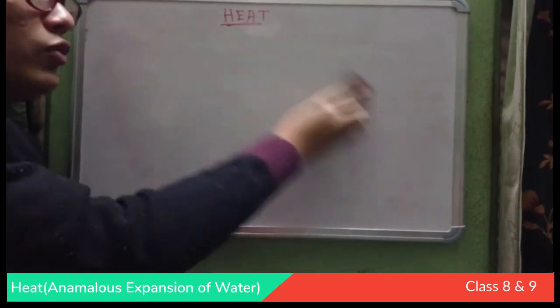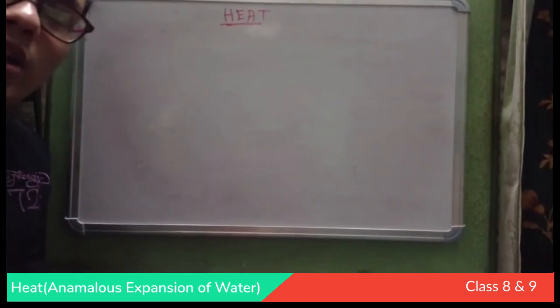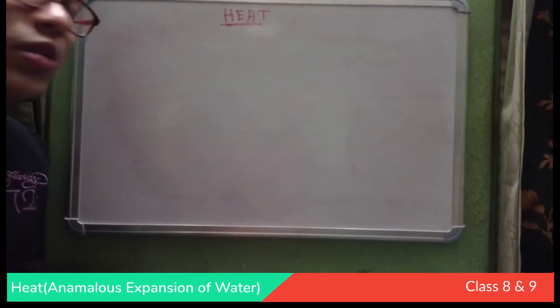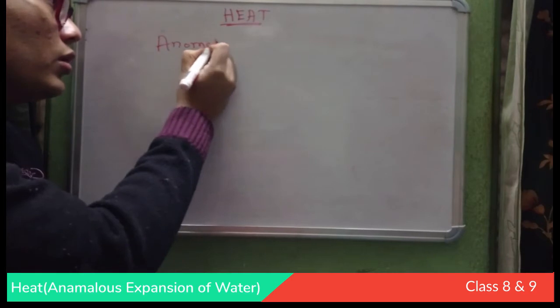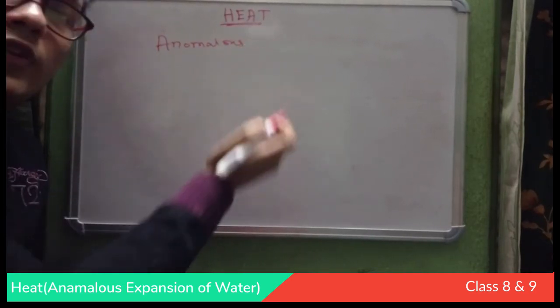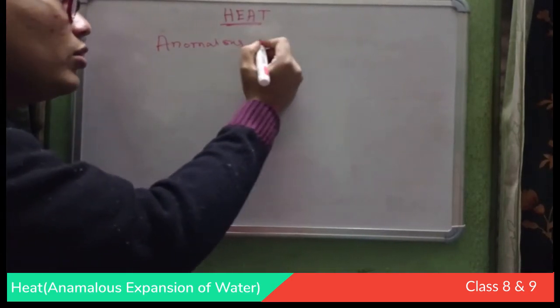So we'll come to the next topic, which is a rather important and interesting one, the anomalous expansion. It is a very important topic and often questions are asked from this section.